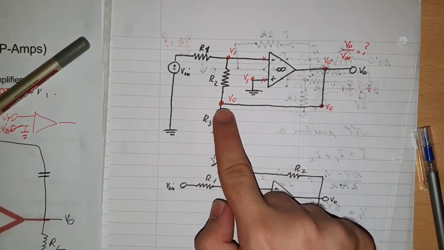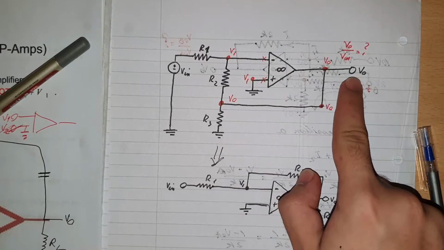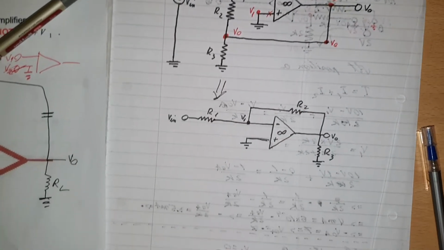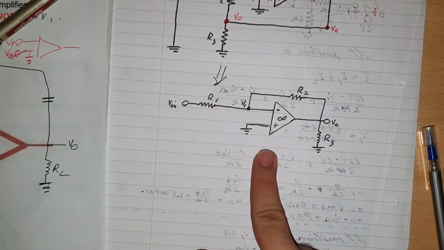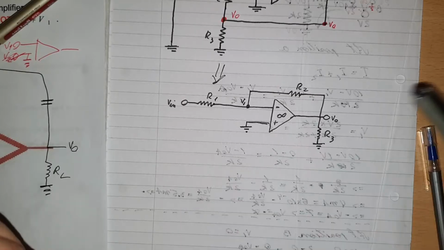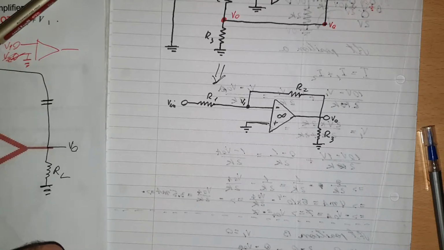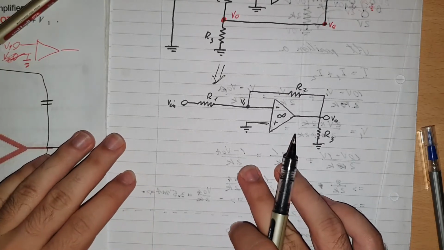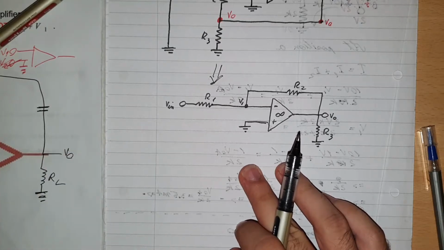By just discovering that V out is equal to V out here, we can redo this circuit in a form that is easier for us to understand and see. I apply this technique quite often, redrawing a circuit in a way that's more comfortable and easier for me to understand.